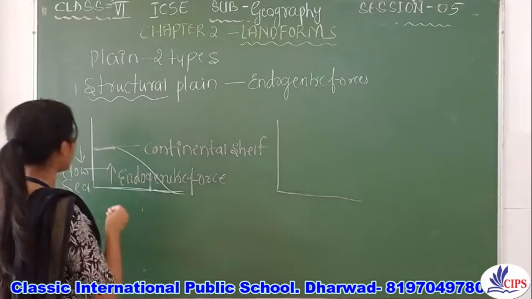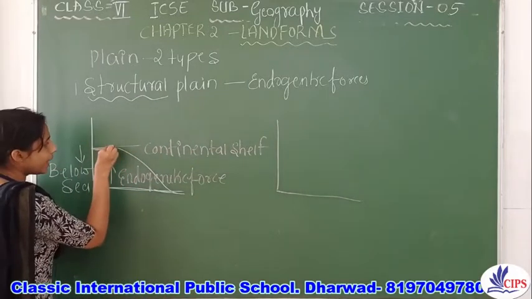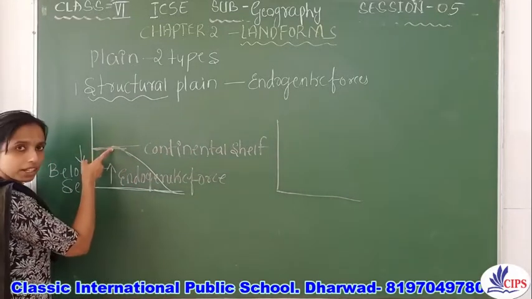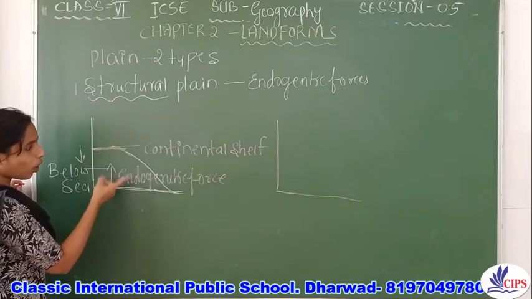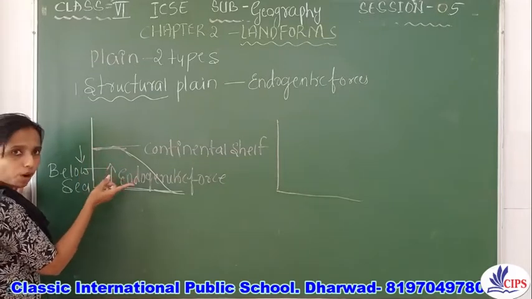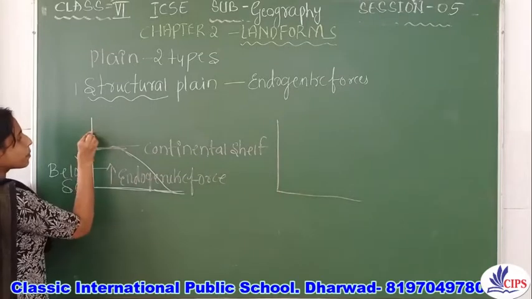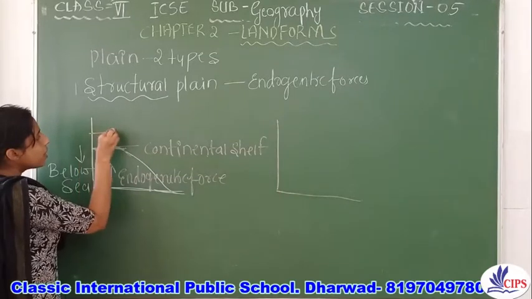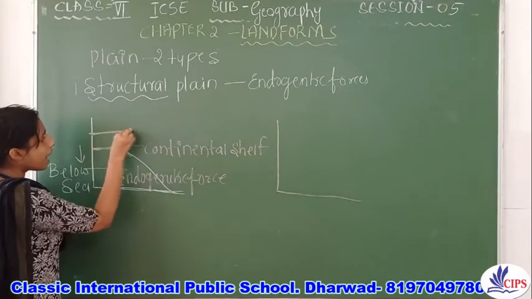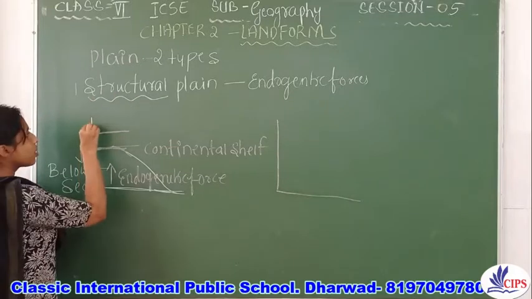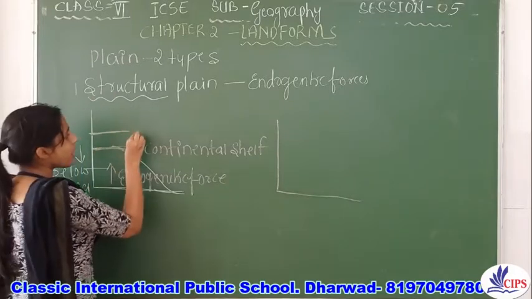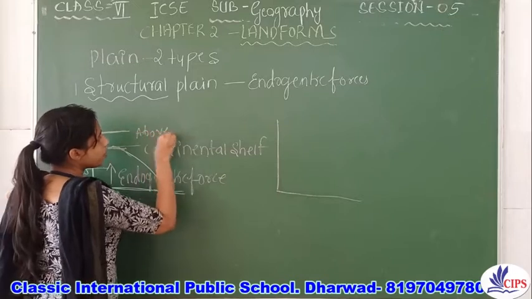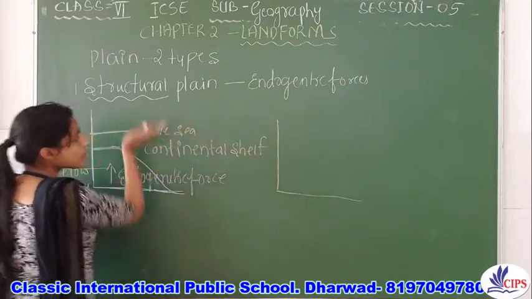See, the continental shelf is here. Because of the endogenetic forces, the area gets uplifted and the continental shelf arises above the sea level. This is above the sea water now.